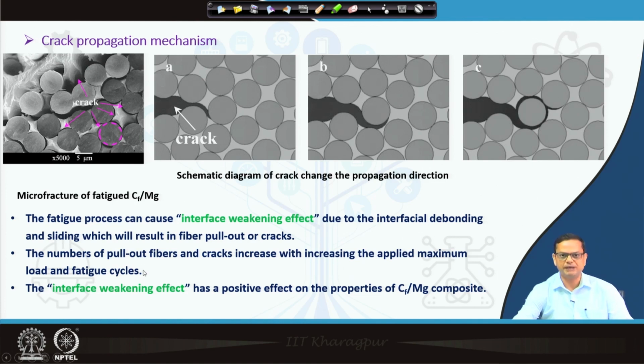That is bound to happen. However, this interface weakening effect actually has a positive effect on the properties of the carbon fiber magnesium composite, I mean the fatigue resistance. The whole process gets delayed because of this tortuous path of crack propagation, and that leads to an increase in the fatigue resistance.